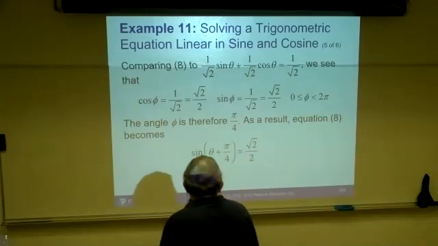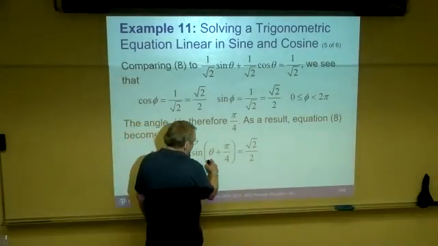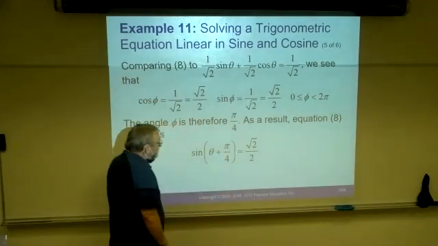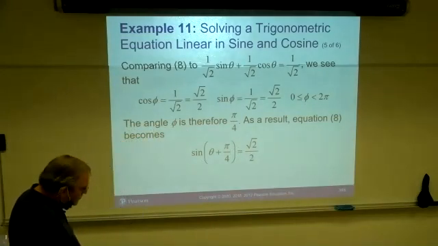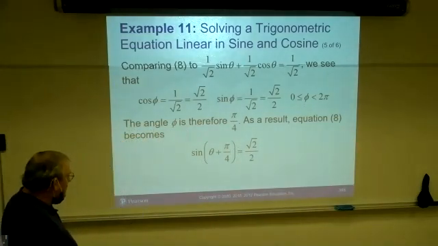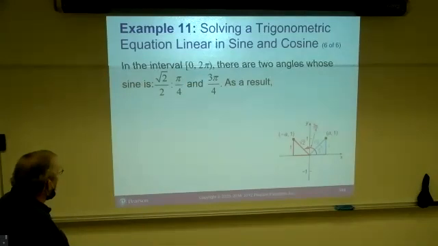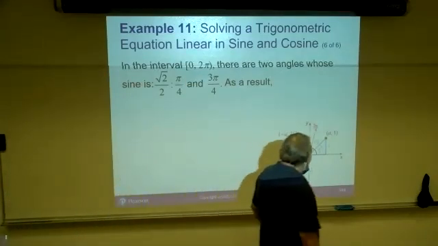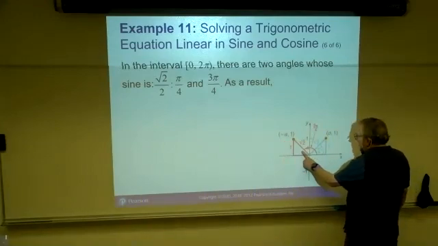So now we have sine of theta plus pi over 4 equals the square root of 2 over 2. So there are two angles where the sine is the square root of 2 over 2, and that's these two angles, pi over 4 and 3 pi over 4.